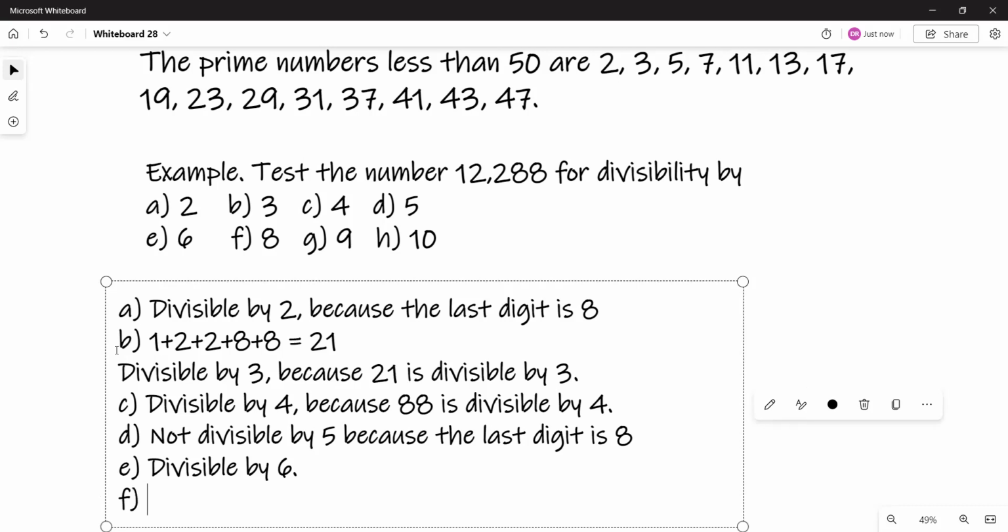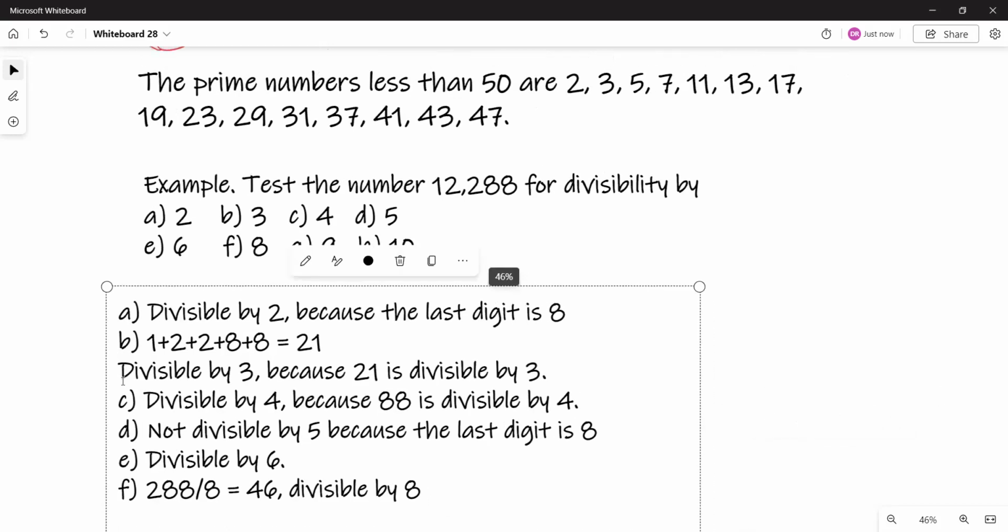It is going to be divisible by 8. I'm not going to do the division, but 288 divided by 8 is 36. So this number is divisible by 8. It is not divisible by 9 because 21 is not divisible by 9.